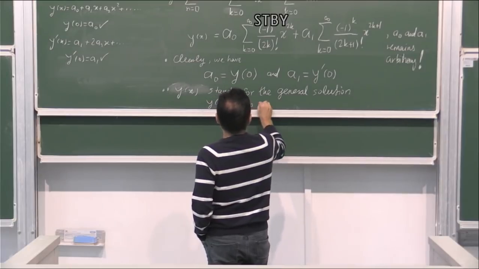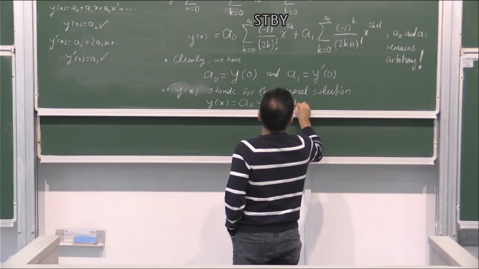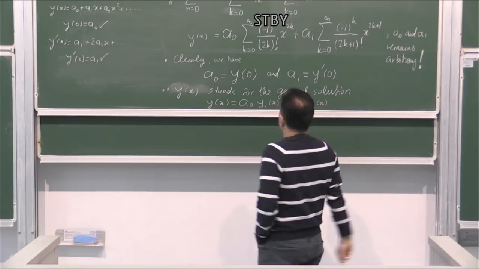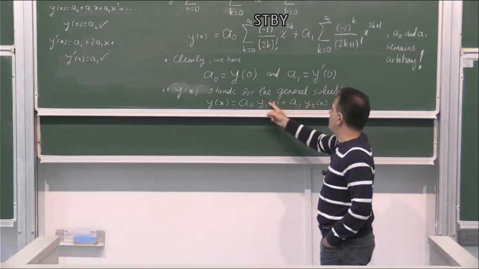Look, a0 is an arbitrary constant, a1 is another arbitrary constant. Good. So the general solution is the combination of two independent solutions.